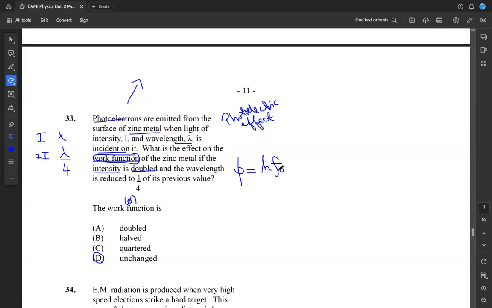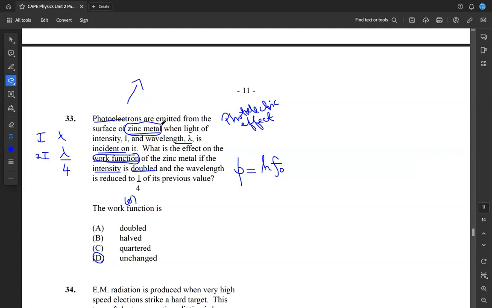But even more importantly, you have to know the definition of a work function, right? The work function is characteristic of a metal. So zinc metal has a work function that is just related to zinc and nothing can change the work function, right? The work function is how much energy is needed to remove an electron from zinc, and that's a unique feature of zinc.